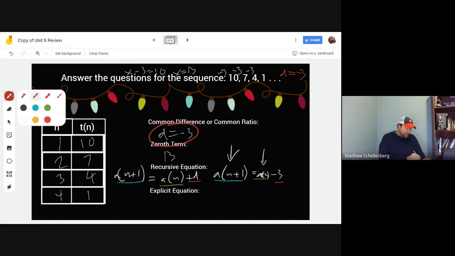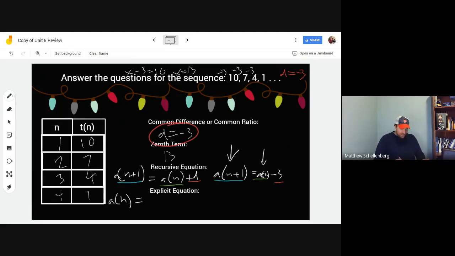Explicit equation. In this case, it's always going to be a of n equals d times n plus a of 1 minus d.